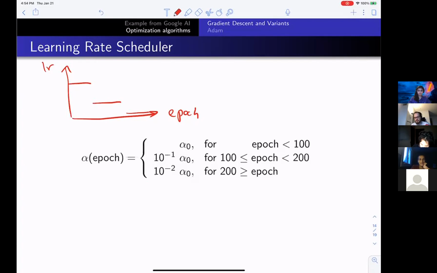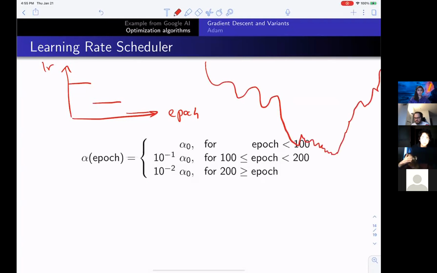Intuitively, I can show you a picture, but you shouldn't trust my pictures as being indicative of anything. I can just show you the intuition. The intuition is that the landscape might look something like this. Then your goal is to get to the global optimum, which is this thing, right?